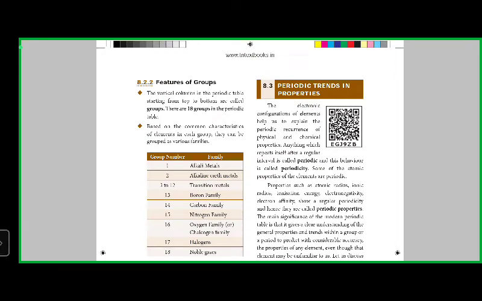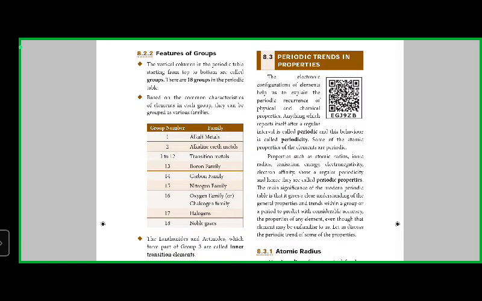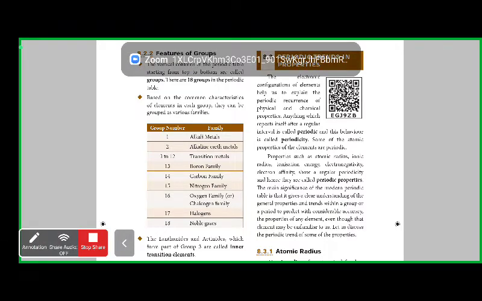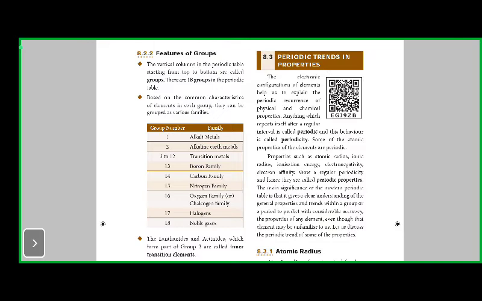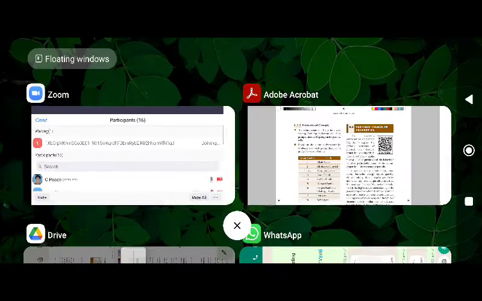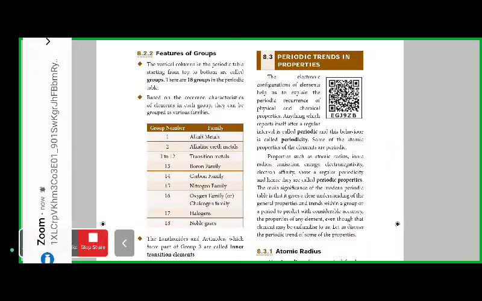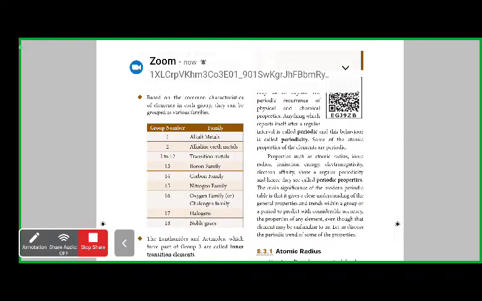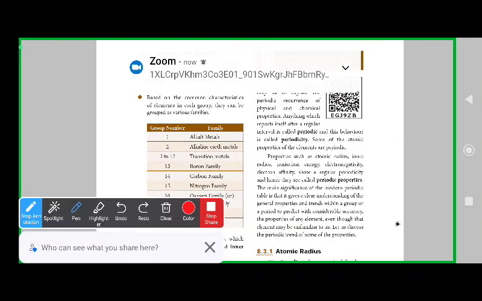So, periodic trends in properties. Yesterday we saw what is periodic, what are periodic properties, what is periodicity.